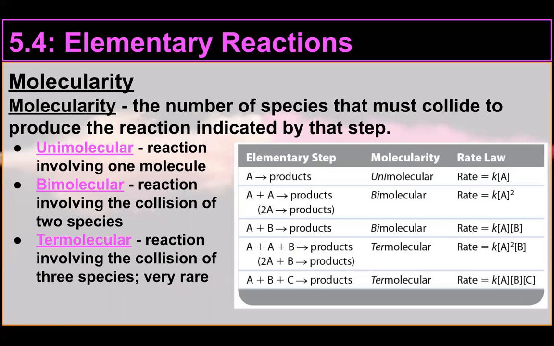So we're going to look more at that in the next section in the collision model. But just know that these termolecular steps are going to be very rare, mainly because these types of collisions just happen very rarely, since the three things have to collide at the same time in a very specific way.